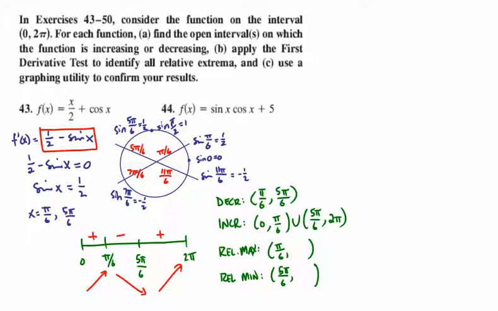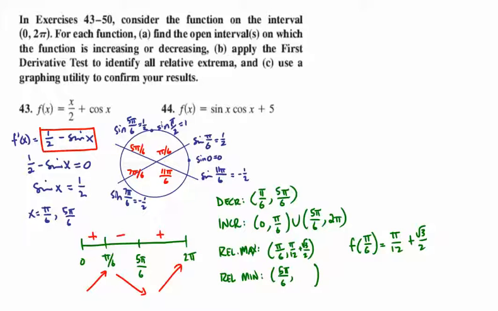So to find the y values that go with them, we need to plug back into the original function. So pi over 6 over 2 is pi over 12. So let's just say we're looking for f of pi over 6, and that will be pi over 12. Then cosine of pi over 6 is root 3 over 2. So pi over 12 plus root 3 over 2.